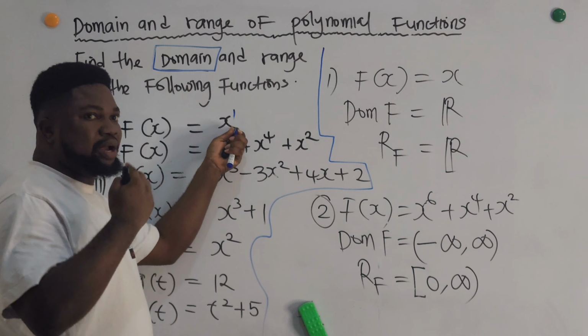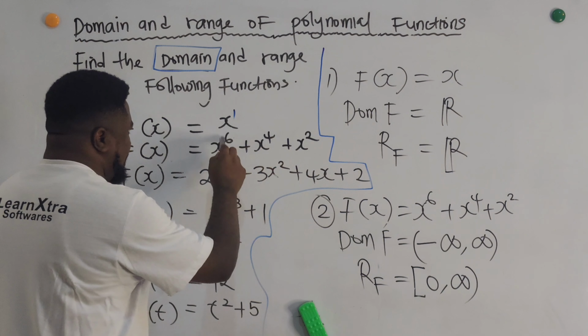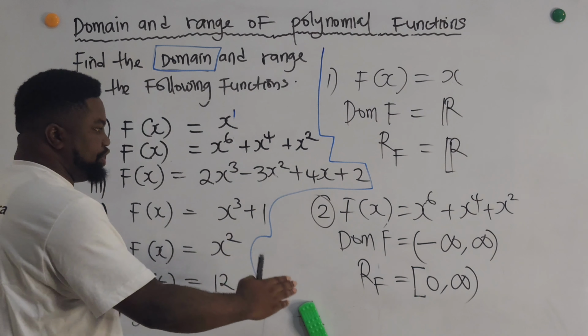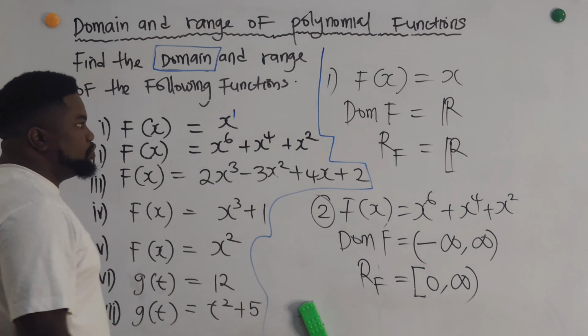So in number 2, there was no odd power. All the powers are even. That's why my range starts from 0 to infinity. At times, they could still give you an extension with a number.